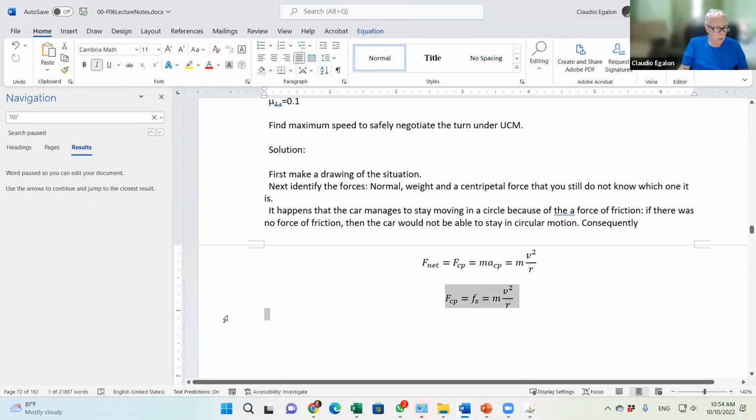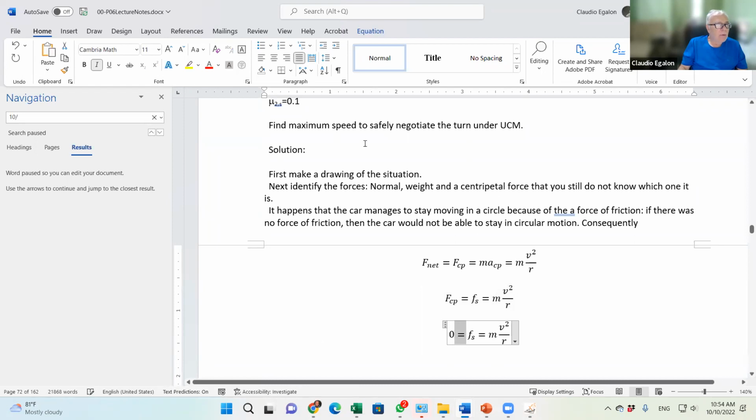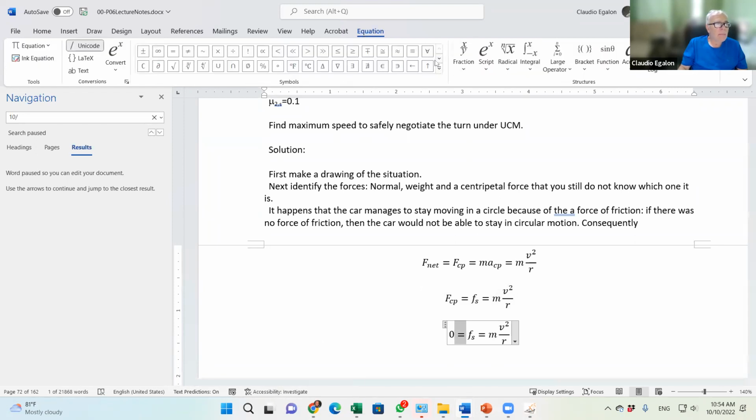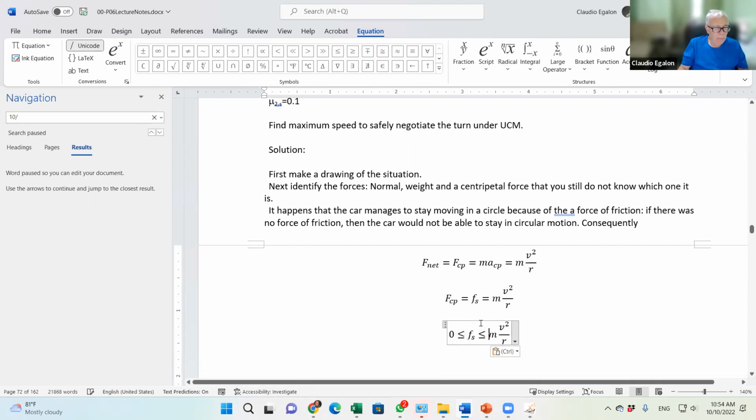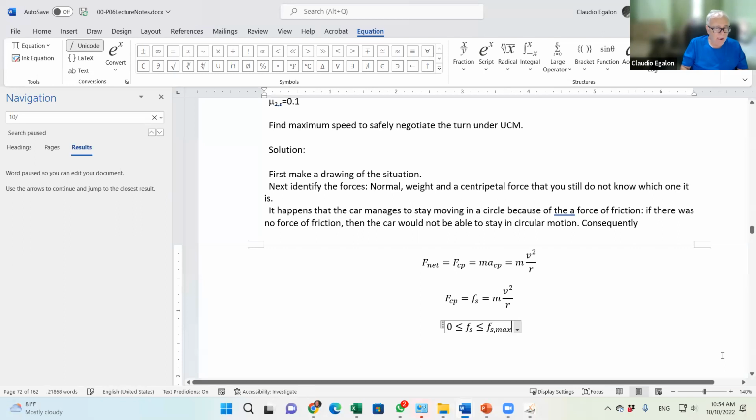Furthermore, you also know that the force of static friction can be greater than or equal to 0. Remember, we went through that before. And it can also have a maximum value that I'm going to write down as the maximum value of the force of static friction.